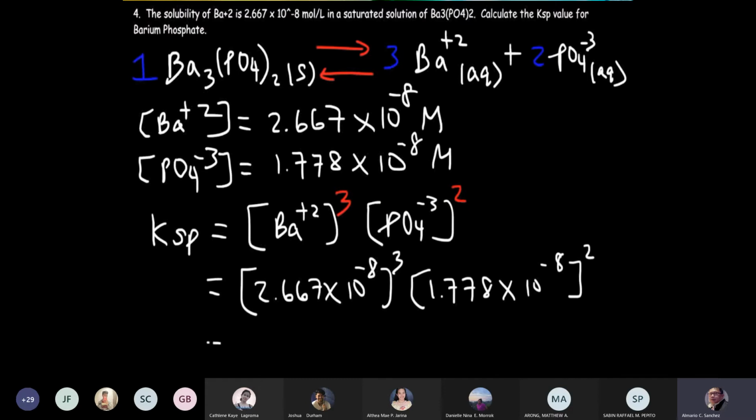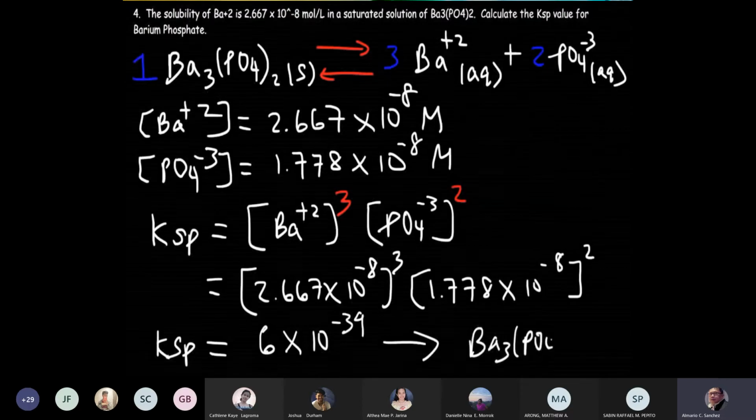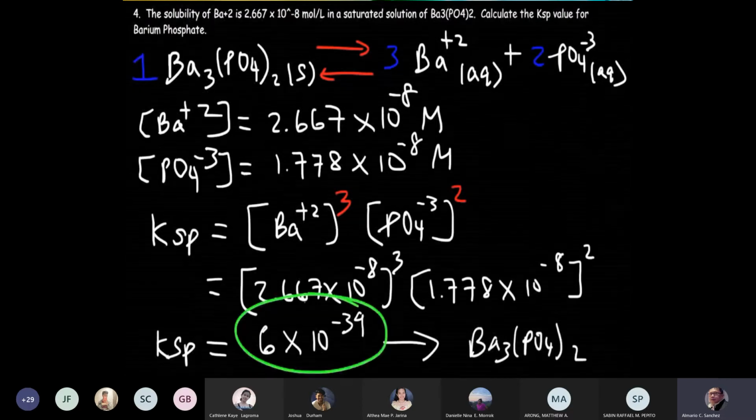So the answer that I got for this problem is 5.997, which is basically 6 times 10 to the negative 39. So that's the KSP value for barium phosphate in this problem. And so this is the answer.